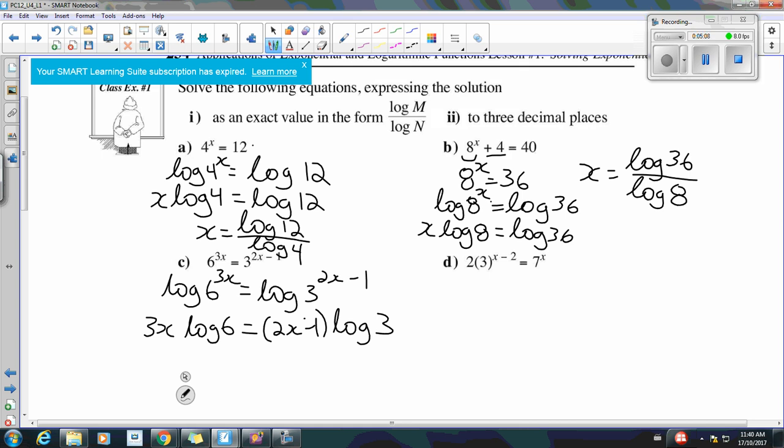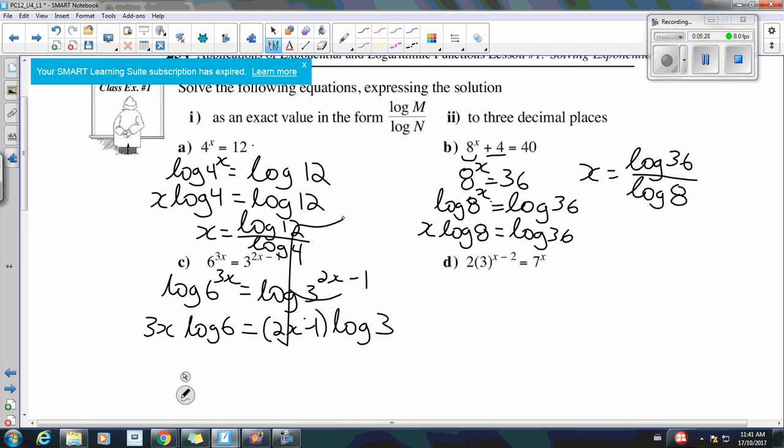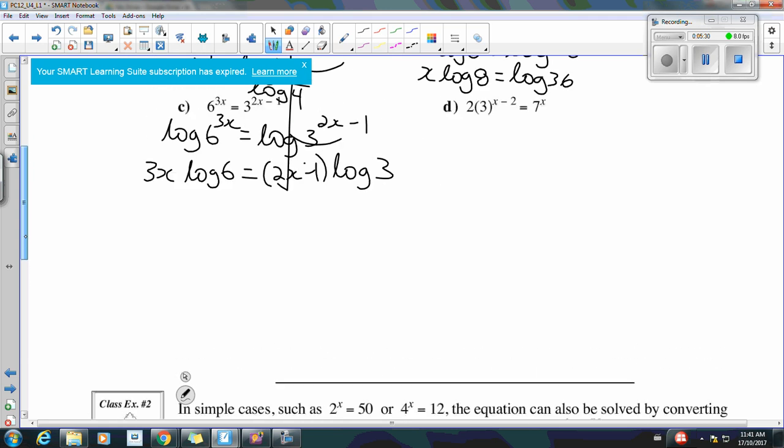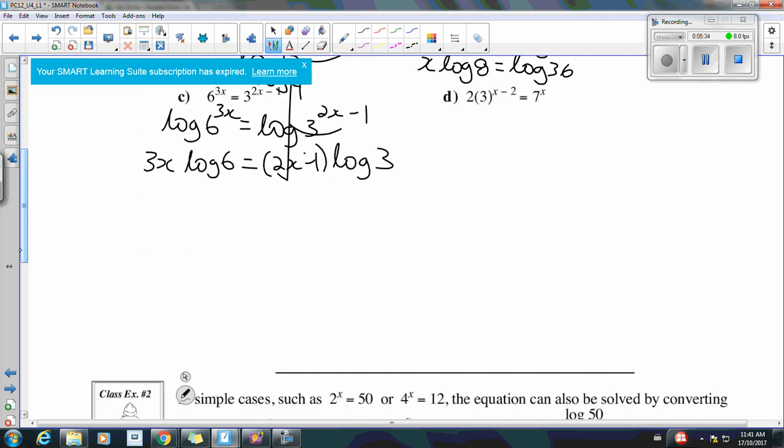Okay, now here's where this method gets a little bit tricky. If we divide things right away, we're left with this 3x over 2x minus 1, and that's a bit of a problem. So this gets a little bit more complicated. So here what we need to do is first expand out.